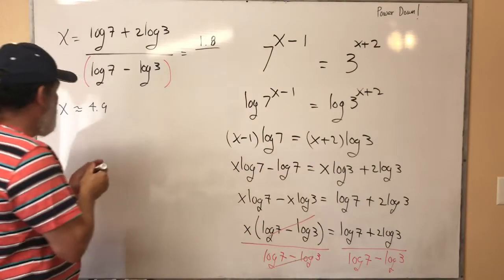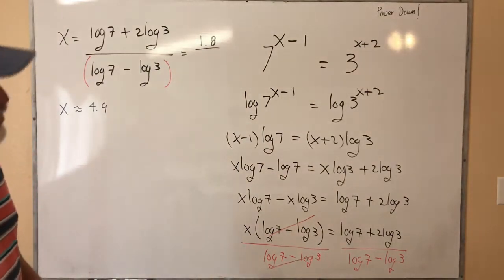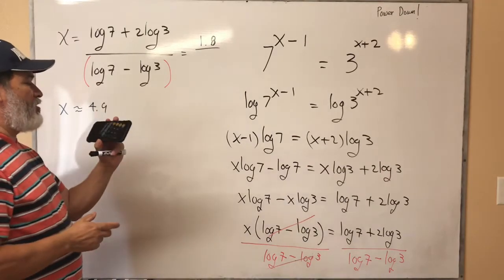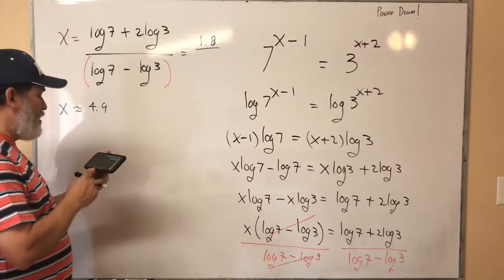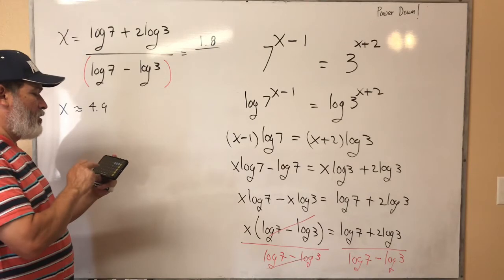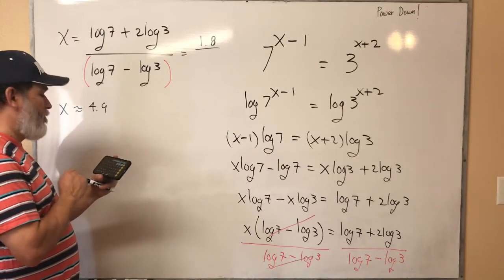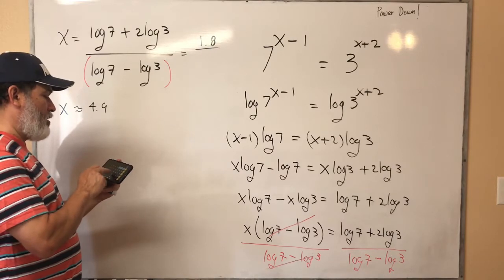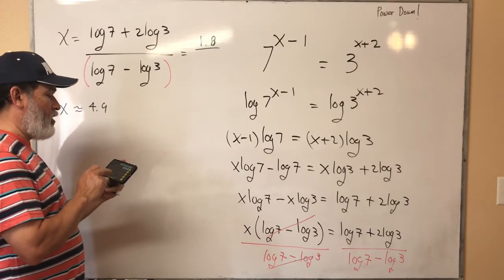Divided by, do the bottom. 7 the log minus 3 the log equals.